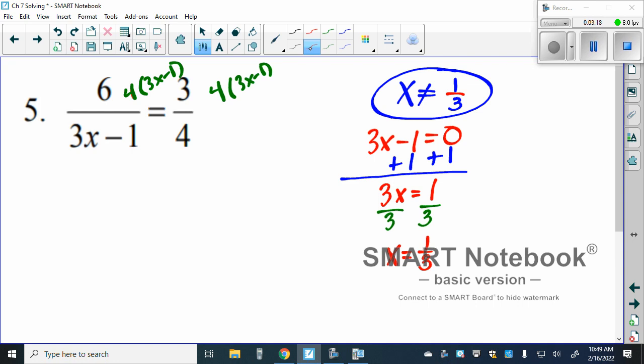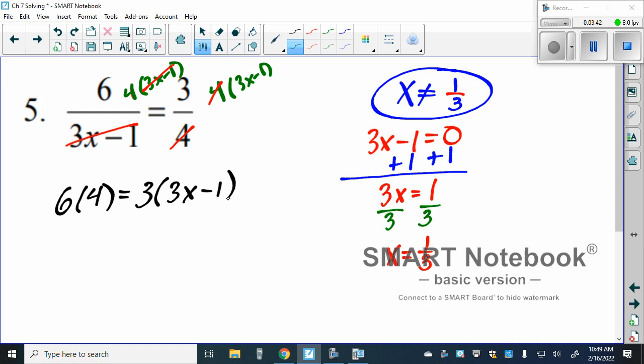And when we do this here, well, the 3x minus 1 and 3x minus 1 will cancel. Over here, the 4 and 4 will cancel, leaving us, well, in the first one, it would be 6 times 4 is equal to 3 times 3x minus 1.